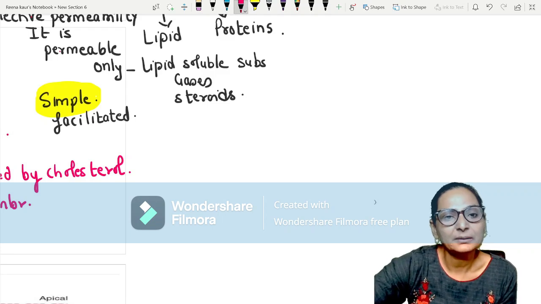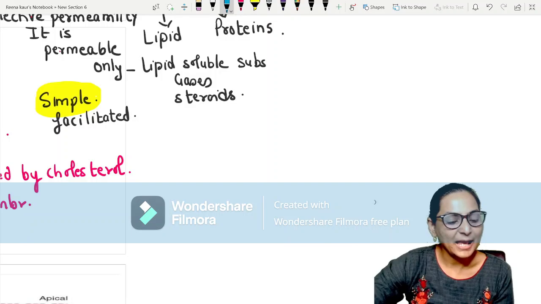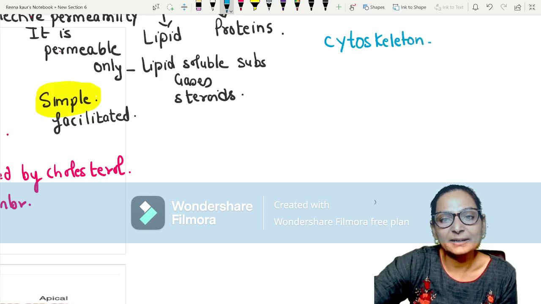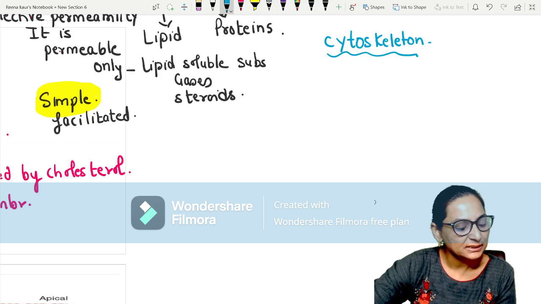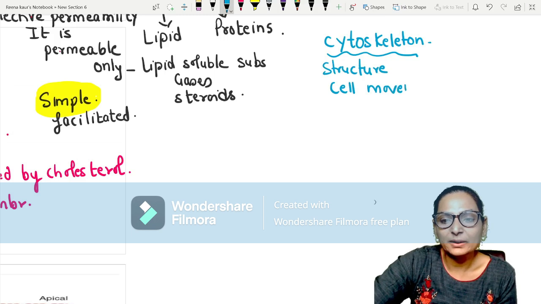Of the cell membrane, which maintains the cell shape, structure, and movements, is the cytoskeleton of the cells. The cytoskeleton helps to maintain the structure and the movements of the organelles.